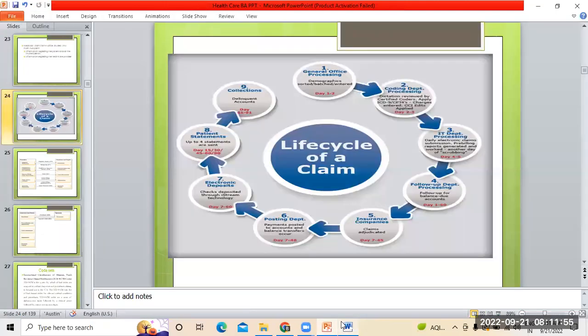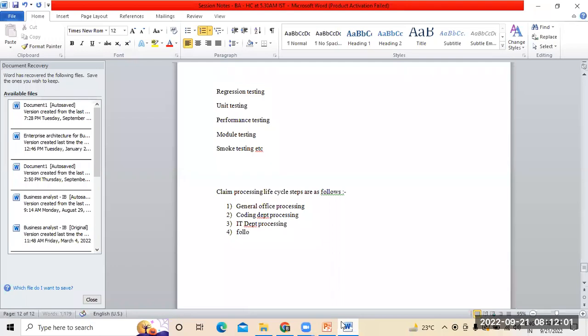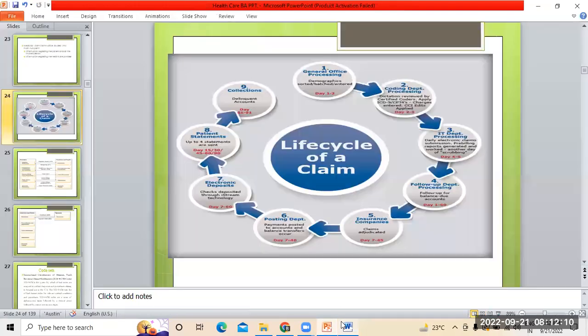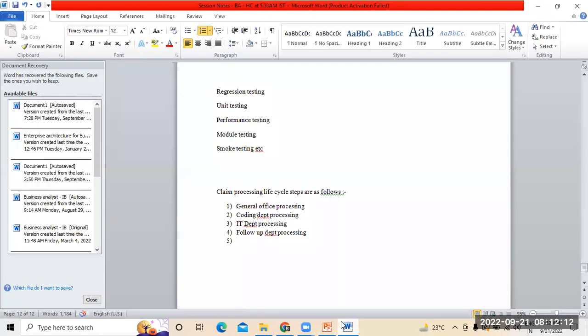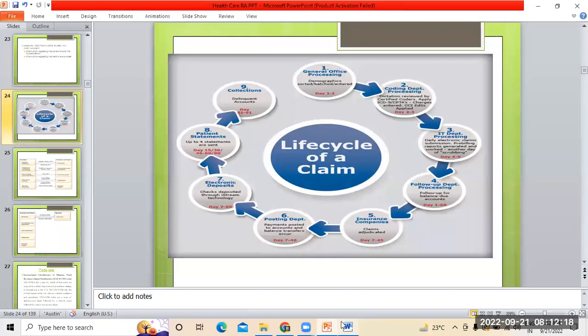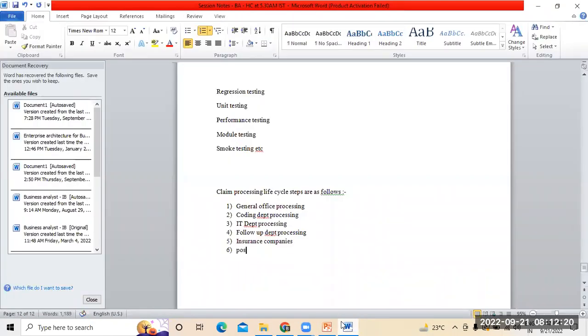The fourth was follow-up detail processing, follow-up department processing. Next, insurance companies, followed by the posting department.